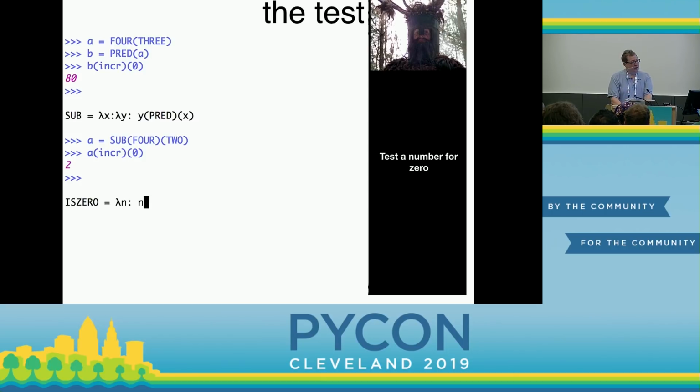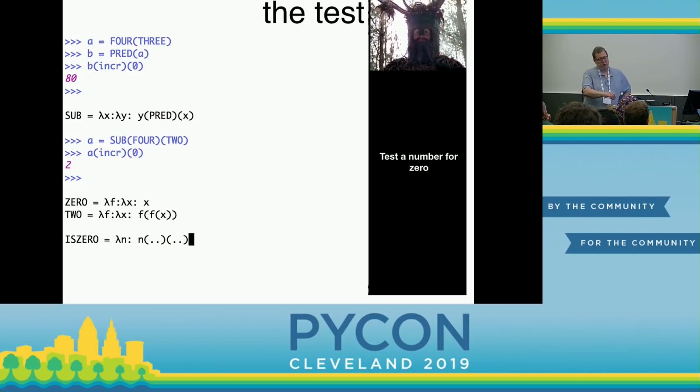Let me give you a hint on this. Keep in mind that a number, like if I have the number 2, was basically that. And the number 0 was that. Numbers always take two inputs.